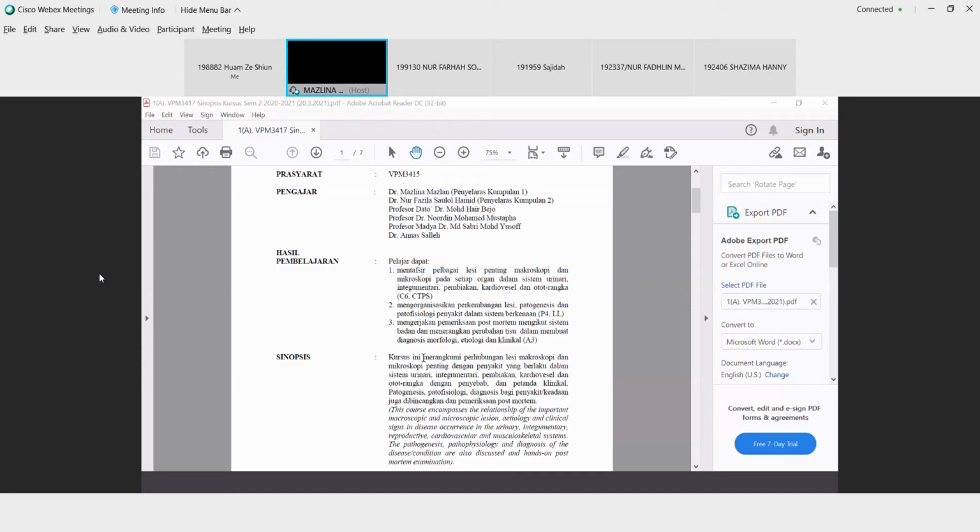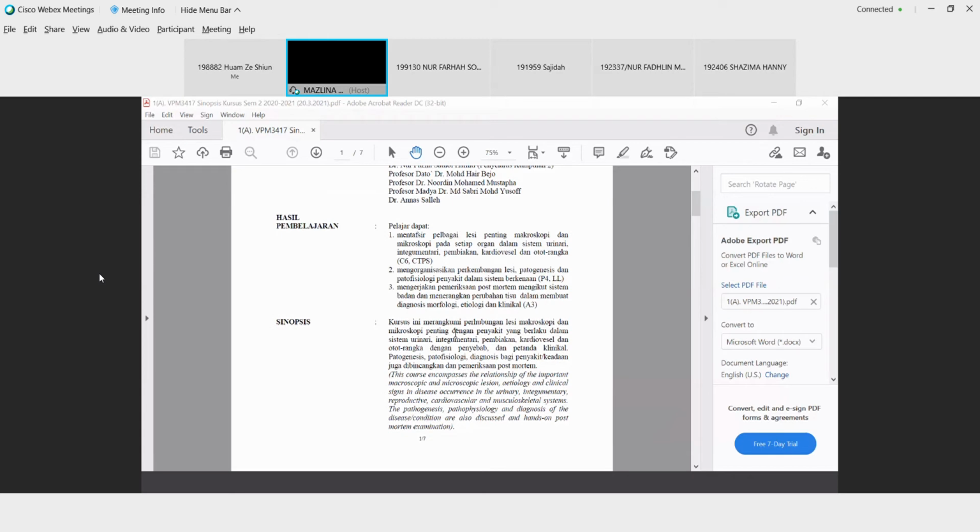What you will be assessed on is PO1, which is the knowledge, PO2, your psychomotor or practical hands-on skill, and PO3, meaning your critical thinking and problem solving skills. So those 3 will be assessed for this course.